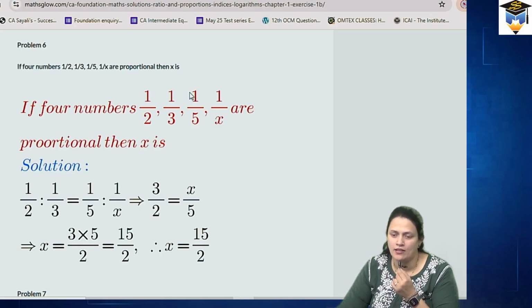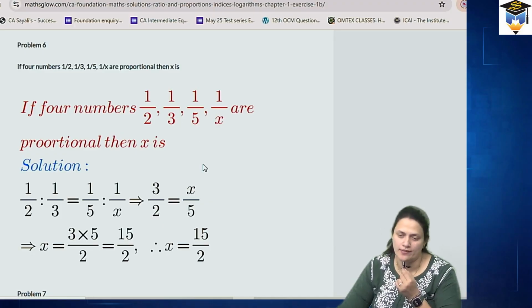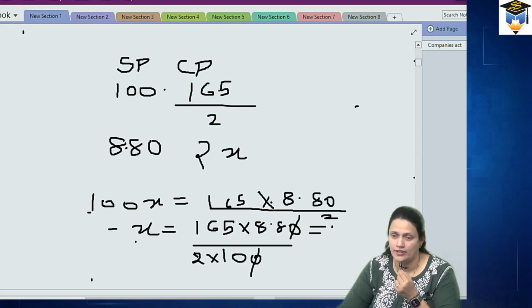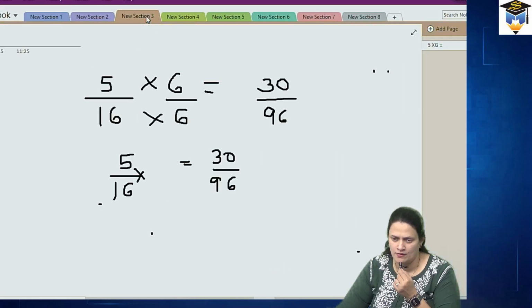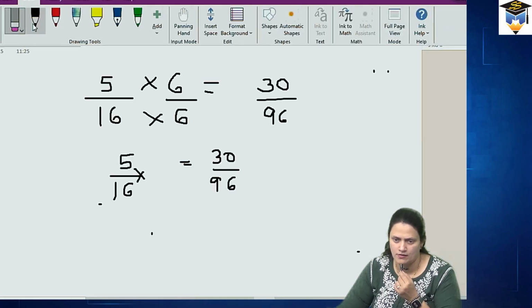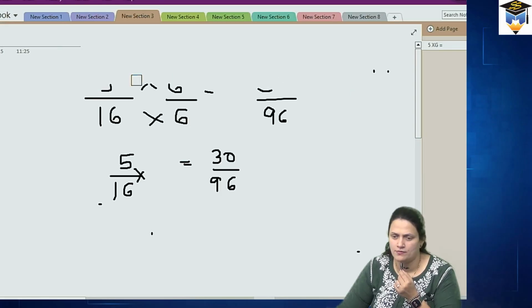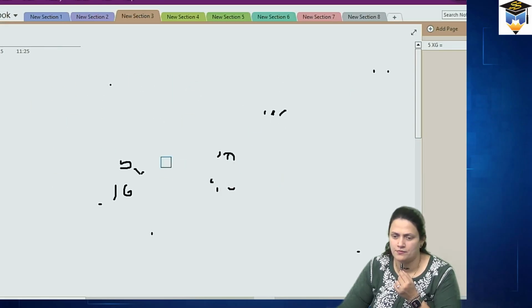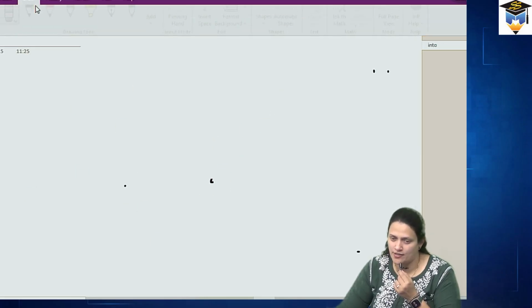Okay, see, 4 of the numbers are given in proportion. So 1 upon 2 upon 1 upon 3 is equal to 1 upon 5 upon 1 upon x. So cross multiply to solve. See, I'm going to again explain this a bit.